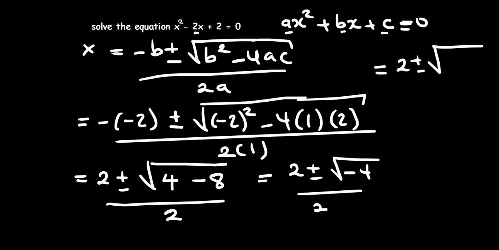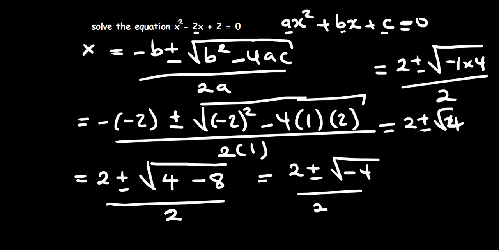Inside here we can multiply negative 1 by 4. By the root, we can separate those two. Inside we can have negative 1 remain alone, and we have the root of 4, multiplied by negative 1, then divided by 2.